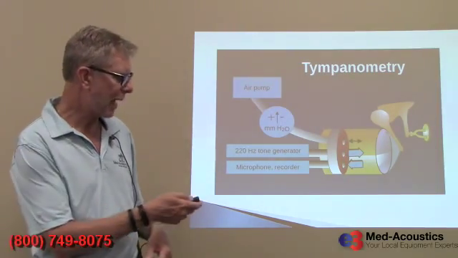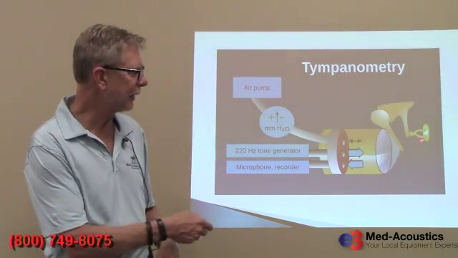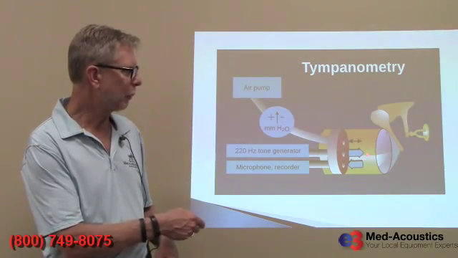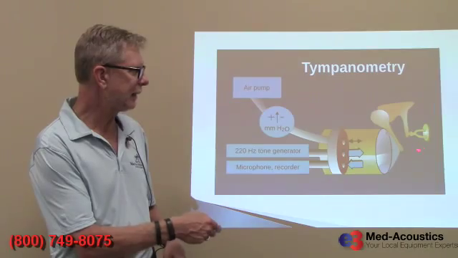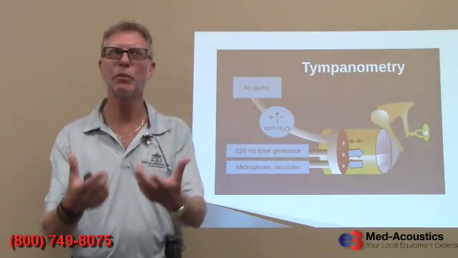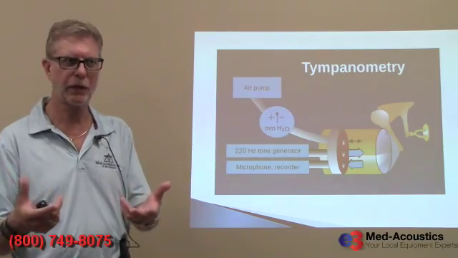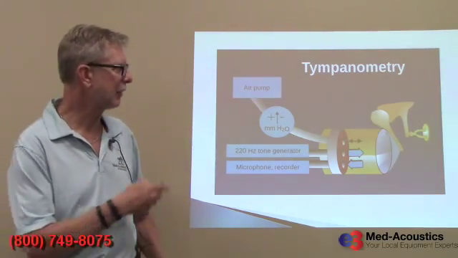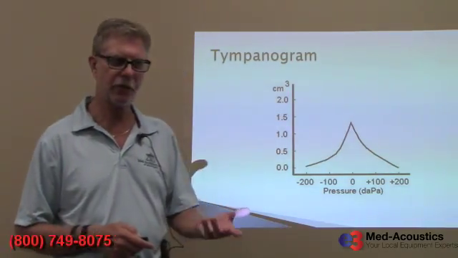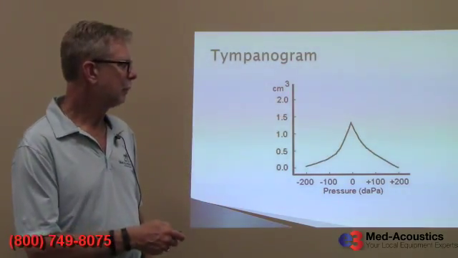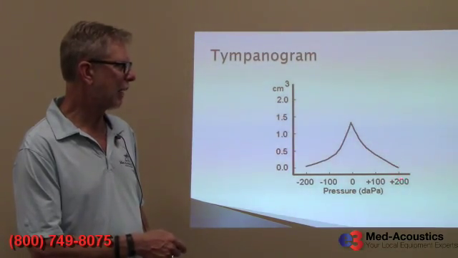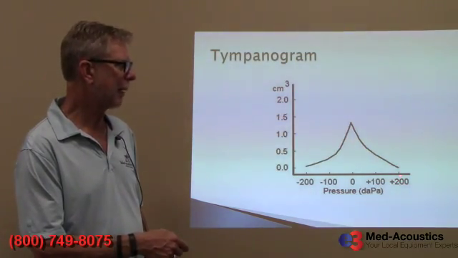When you have equal pressure in the ear canal and in the middle ear, then you have maximum absorption, and we're going to compare that with maximum compliance. So here's a tympanogram. Most of the listeners, viewers, will be used to this type of thing. You see, we started out at positive pressure, 200 decapascals.